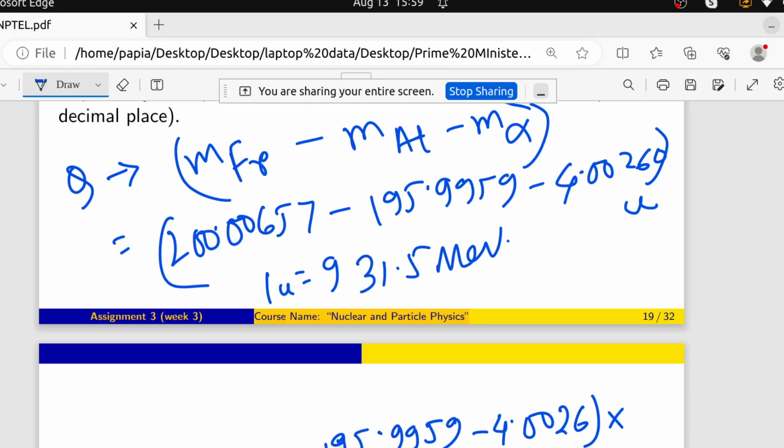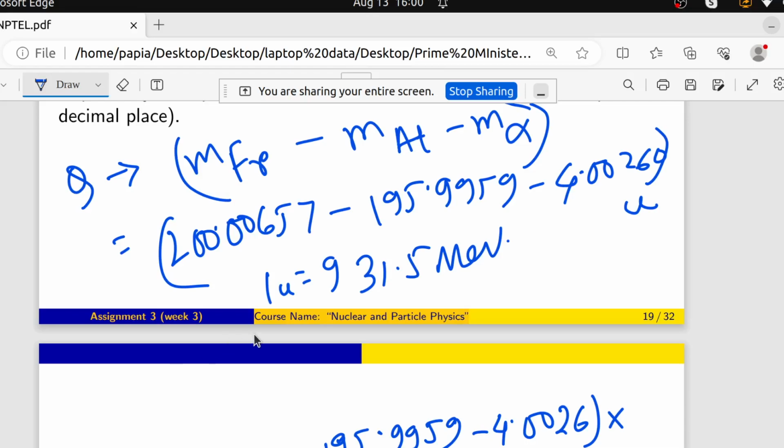So let's do the calculation here. 200.00657 minus 195.9959 minus 4.0026, into 931.5, it is 7.517 MeV.